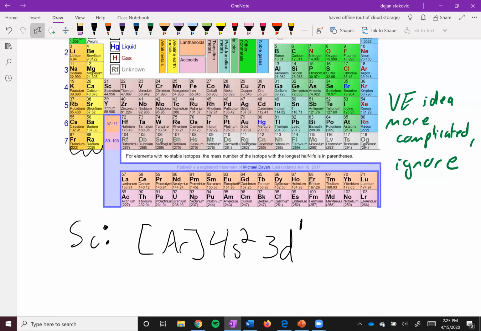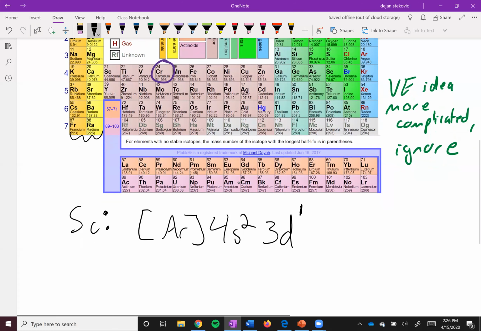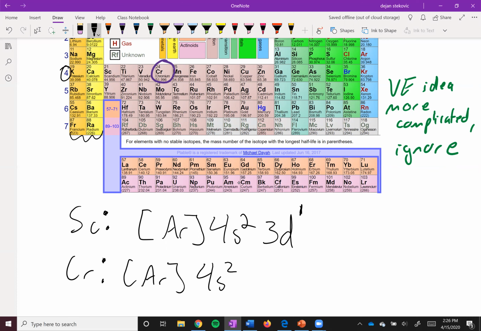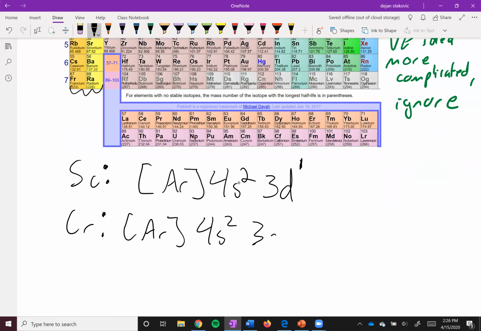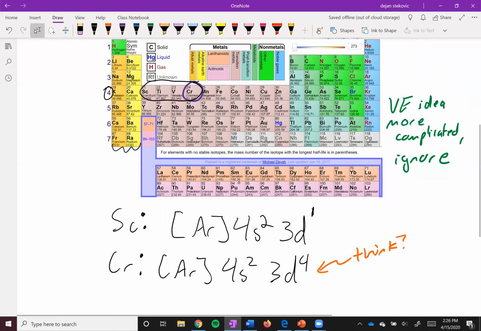Let's take a look at chromium next. So again, chromium, we can say, looks like argon, and then 4s2. And then what you would think it would say 1, 2, 3, 4. What you think it'd be would be 3d4. That's what you would think, right? Or maybe you might not think that. I don't know.